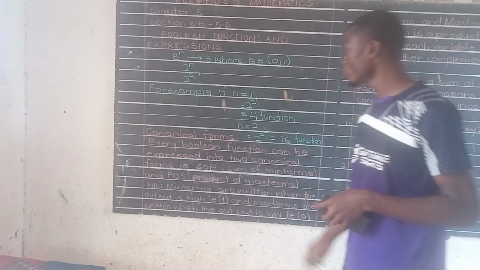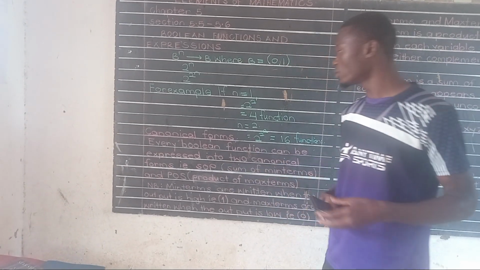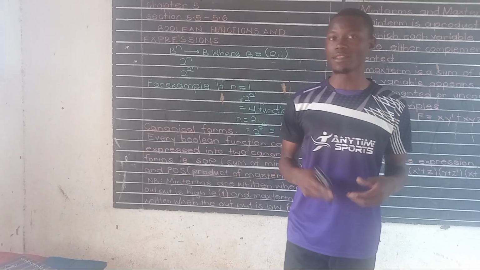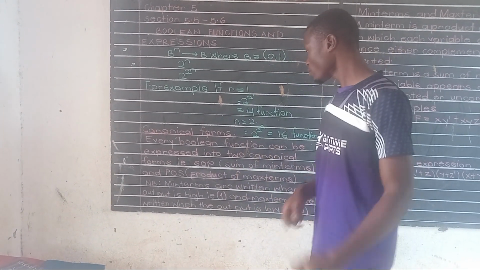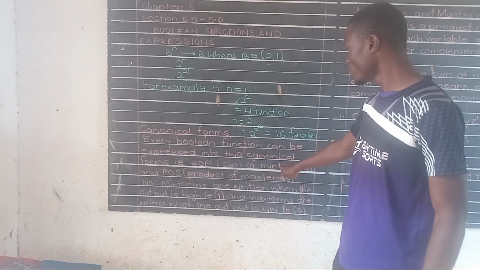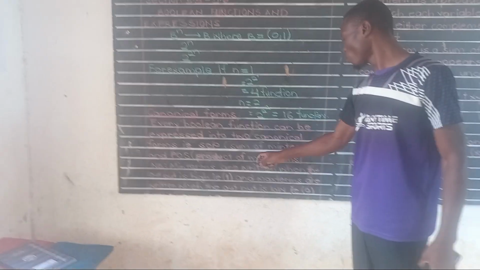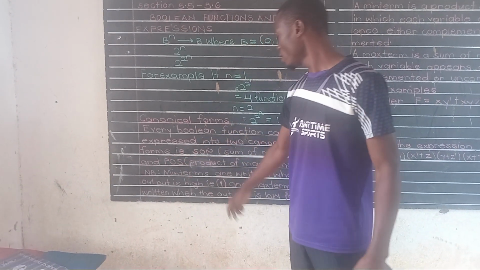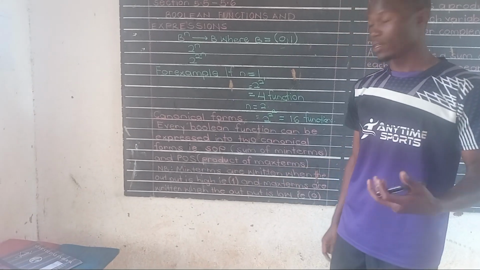So we can proceed to the canonical forms. Every Boolean function can be expressed in 2 canonical forms, i.e. the sum of products and the product of sums. The sum of products is also known as the sum of min terms, and the product of sums can also be referred to as the product of max terms.